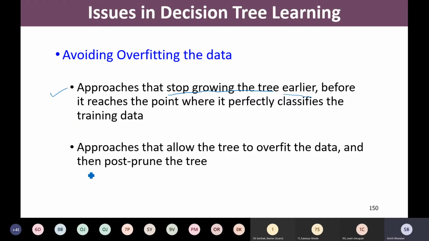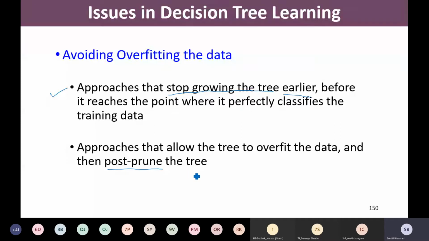Approach 2 says to allow the tree to overfit the data. So we may reach the stopping criteria and we are allowing the tree to overfit the data. And then after building the tree, we may apply a technique called post-pruning to prune the tree afterwards.